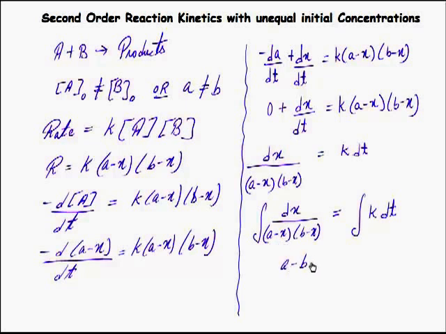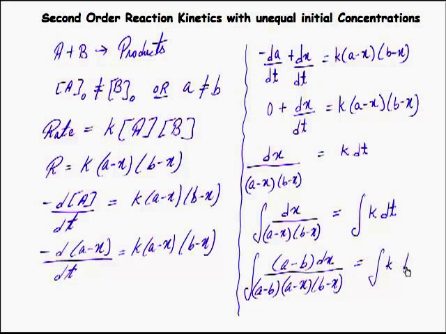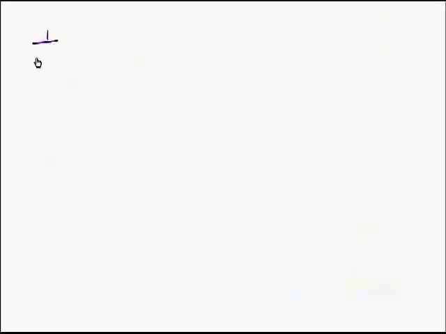So I'll multiply the numerator and the denominator on the left hand side by A minus B. And keeping in mind that A as well as B are constants, the constant can be removed out of the integral sign, and therefore I can take 1 upon A minus B out of the integral sign. Also, since the rate constant is a constant, I can take it out of the integral sign.